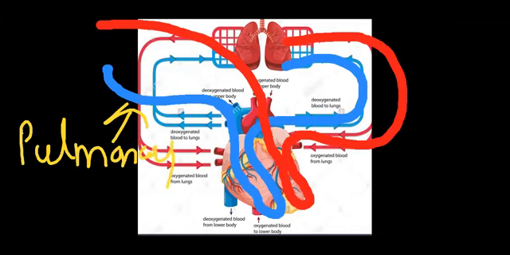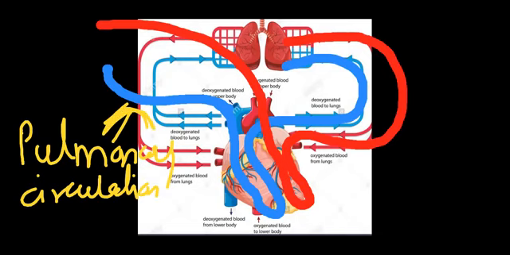Pulmonary circulation. कहां से कहां तक? ब्लू लाइन वाला जो है, that is called pulmonary circulation, that is from other body parts to heart and from heart to lungs. Look at the blue line and look at these arrows. Okay, this is the direction of the flow of pulmonary circulation.